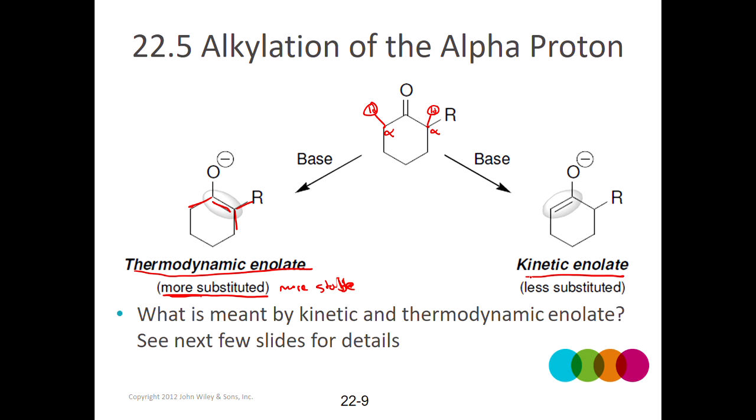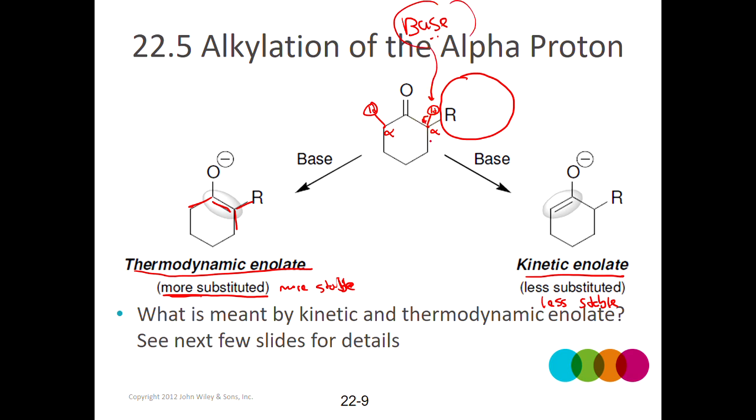The kinetic enolate is less stable, but it goes through a lower energy transition state specifically because the bulky R group would create steric hindrance when the base, especially if it's bulky, comes in to try to pull off this proton.